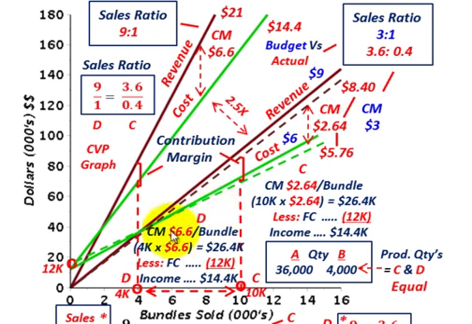When we're dealing with this cost volume profit analysis, we have to set up for our graphing our per unit revenues being generated for each bundle sold, and also our costing for each bundle sold. The difference between our revenue and costing is going to give us our contribution margin.